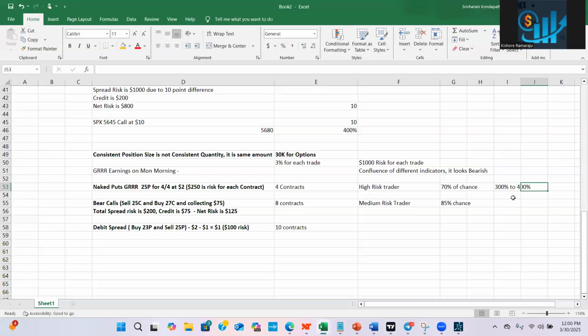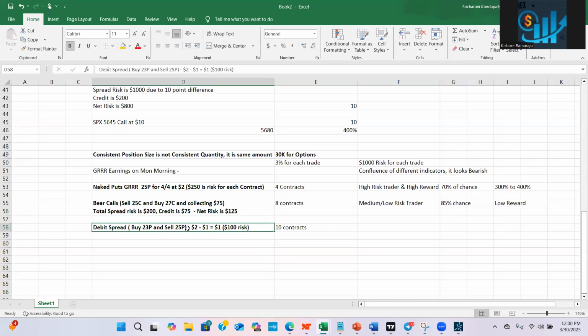If it doesn't move, you have a high risk and high reward. So if you are a medium or low risk trader, you have an 80% chance to make money here, but you'll only make a low reward.